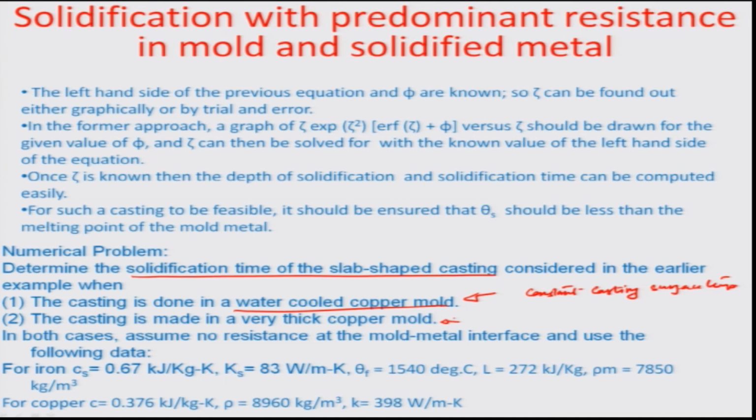In both the cases assume no resistance at the mold-metal interface by means of a thin film of air or something. The mold itself is having a good joint with the metal, there are hardly any contact angle issues at the interface.